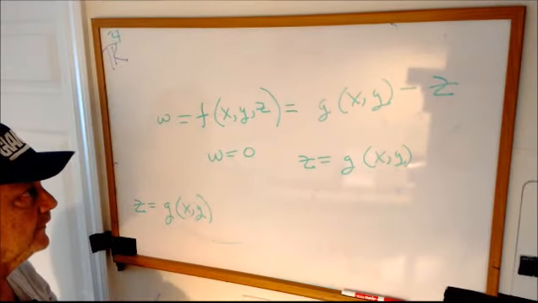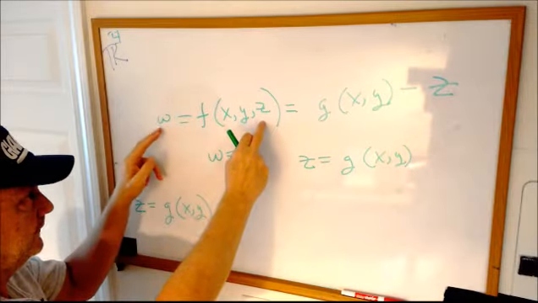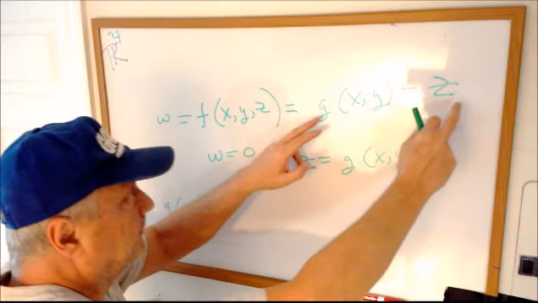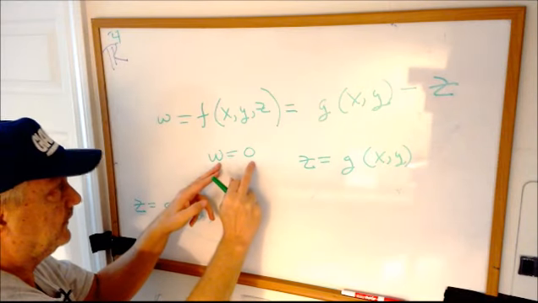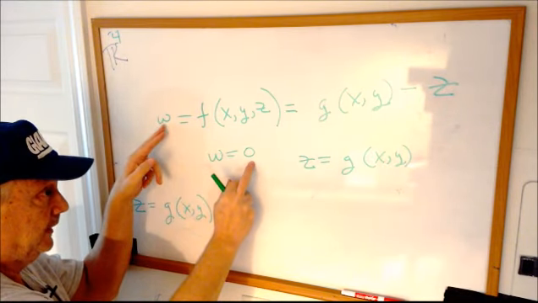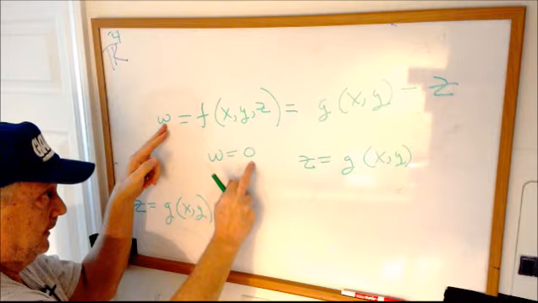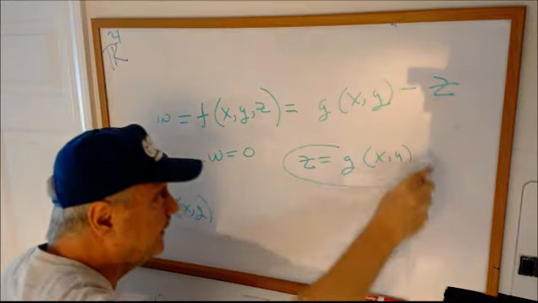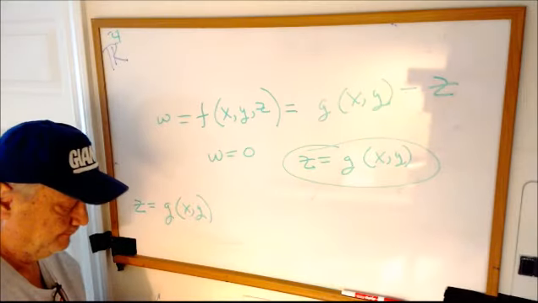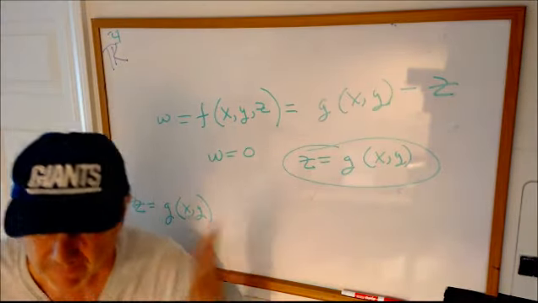So the point is, if you have 3 independent variables, and you can break it into pieces, and we take a specific level set, the 0 level set associated with the dependent variable, then that level set is exactly this surface. Okay? And we'll use that later.